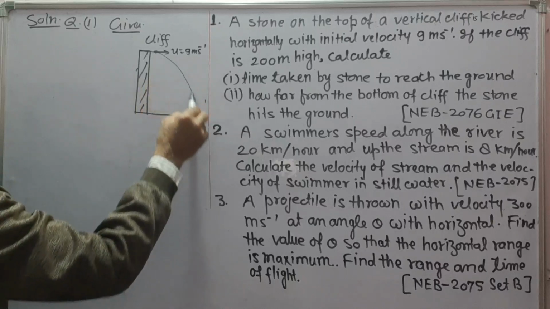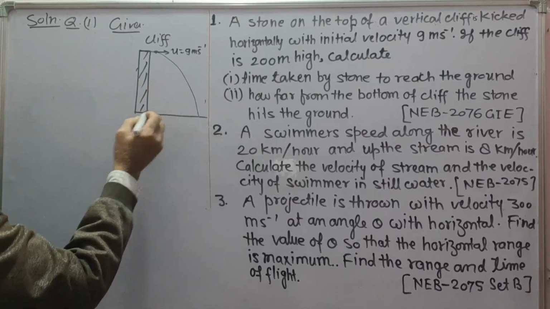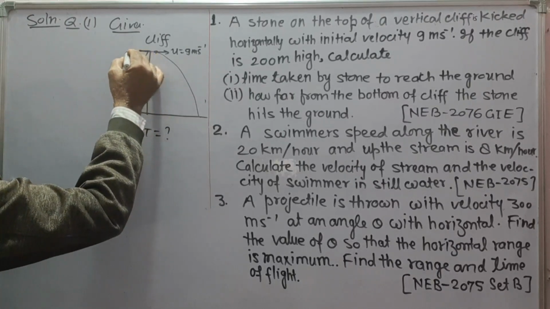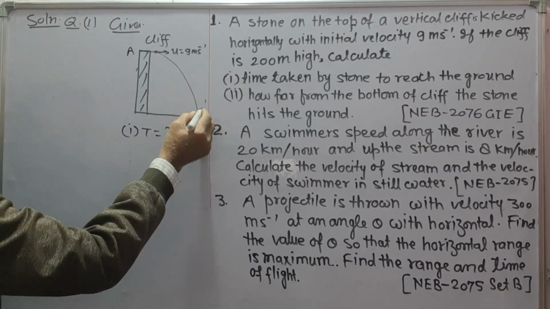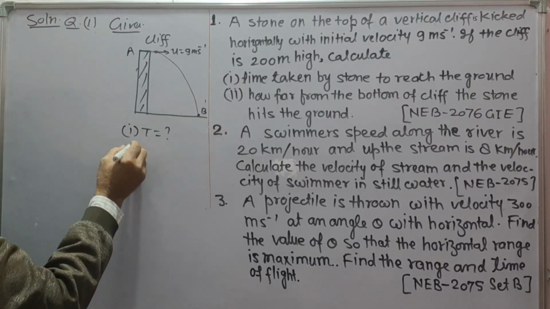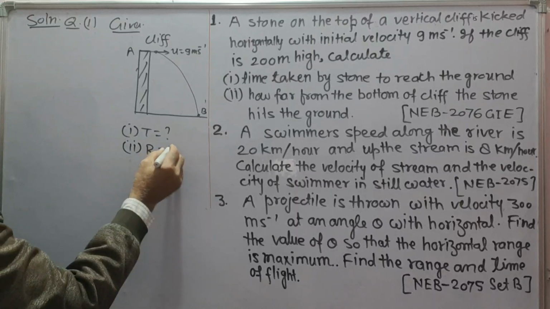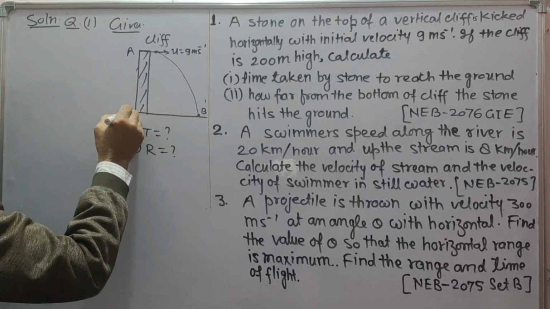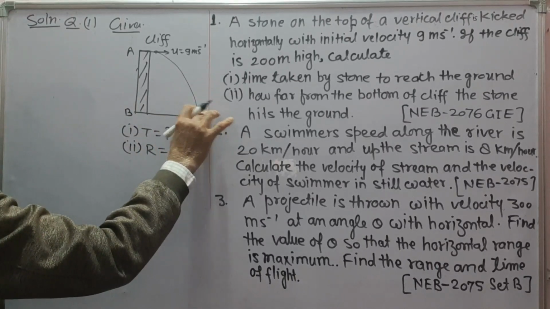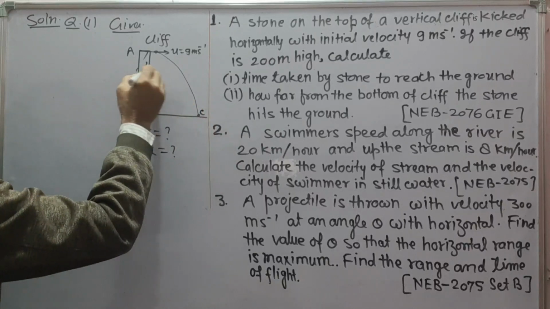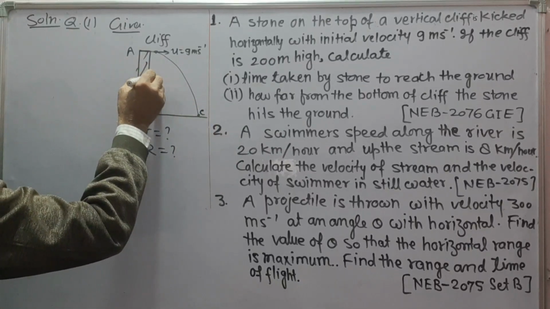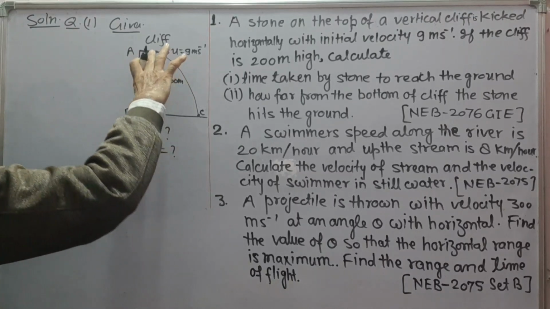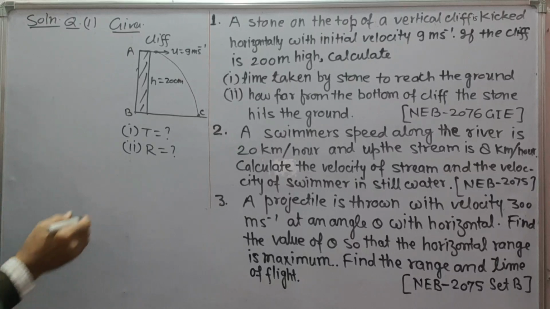Then we have to find first the time taken to reach the ground, means time taken to reach from A to B. Second, what is the horizontal range? Suppose AB, this is C. AB is H is equal to 200 meter. Height of this tower is 200 meter.